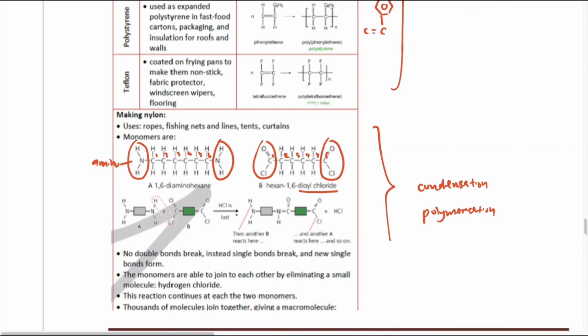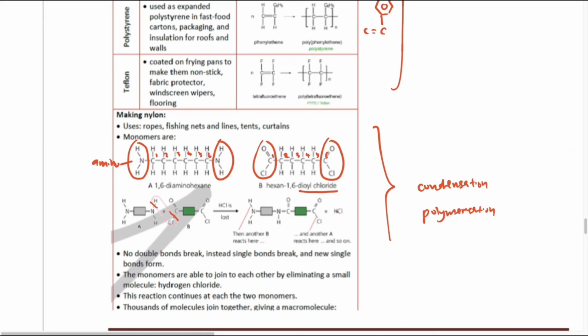You don't see the double bond breaking and extending sideways. Instead, a single bond breaks. The H and Cl are where the single bond breaks. So this single bond and this single bond break, and new single bonds form.